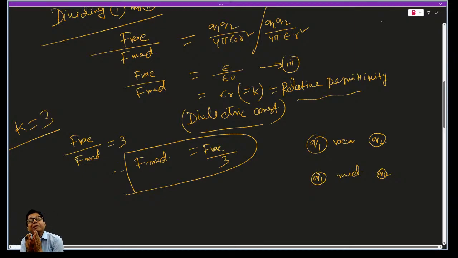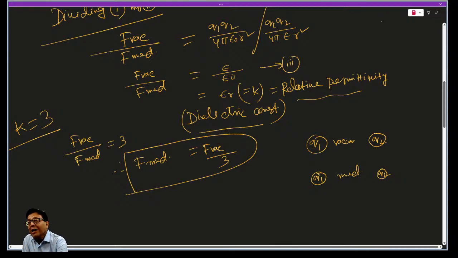As soon as the medium is changed from vacuum, the amount of force of attraction or repulsion is changed. So if you are filling up the space between two charges, then it is going to affect the force of interaction between two charges.